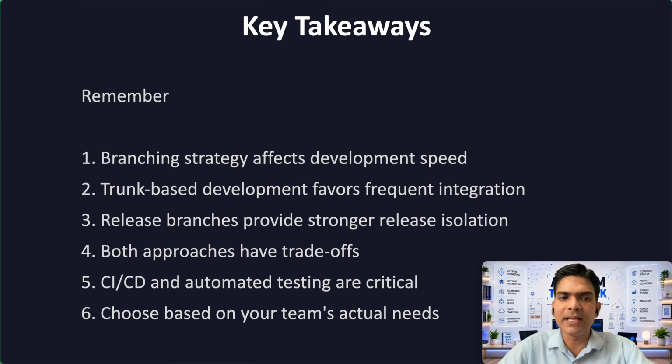Neither is universally better. CI/CD and automated testing are critical for either approach to work well. And finally, choose based on your team's actual needs, not based on what's trending. The best branching strategy is the one that helps your team integrate and release safely.